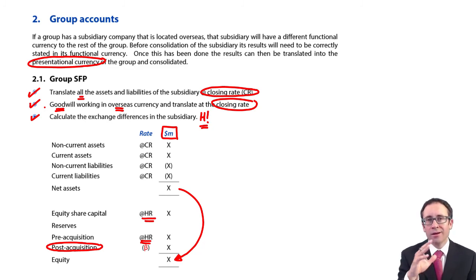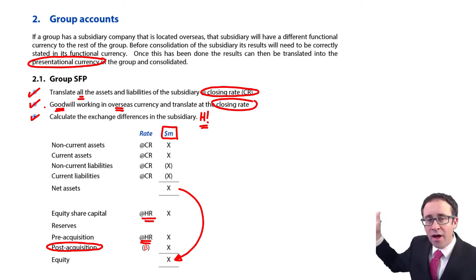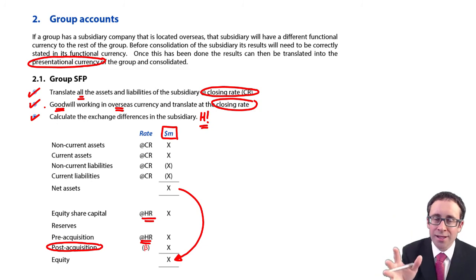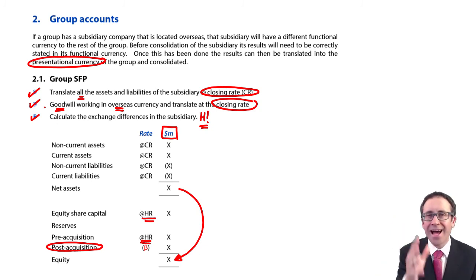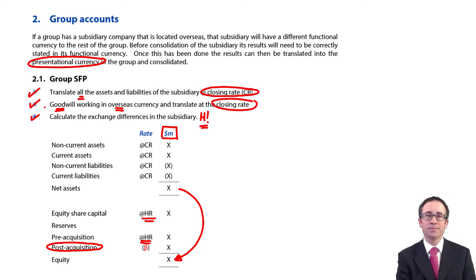For the statement of financial position, what are the fundamental rules? The basic one is to translate all the assets and all the liabilities at the closing rates. Once you've done that, you need to work out the goodwill. The goodwill is an asset of the subsidiary, so we calculate it in the functional currency of the subsidiary first, before we translate it at the closing rate.